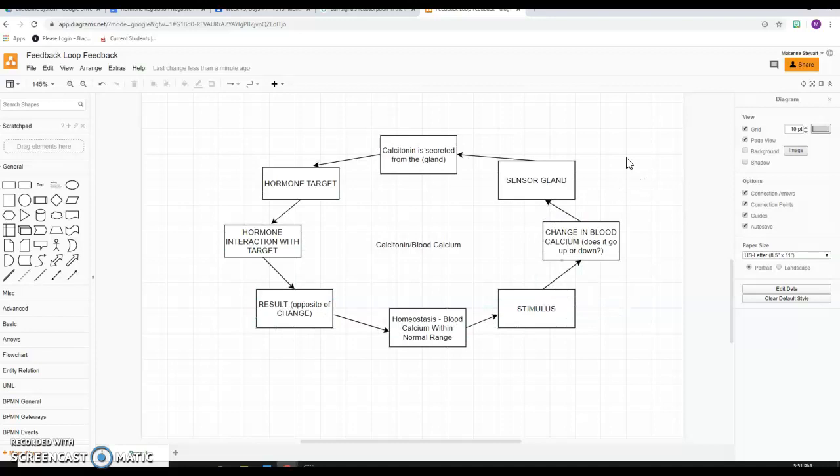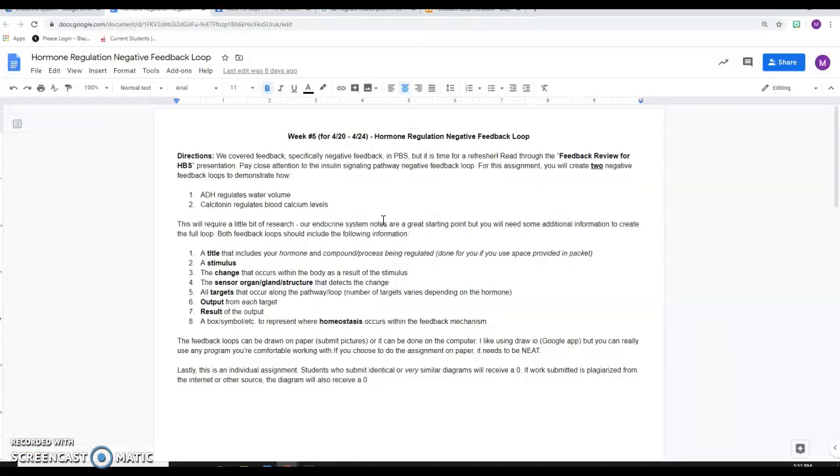I didn't just make these up. These are described, let me pull it up, in the assignment: title, stimulus, change, sensor gland or sensor organ, targets, output, result, homeostasis.